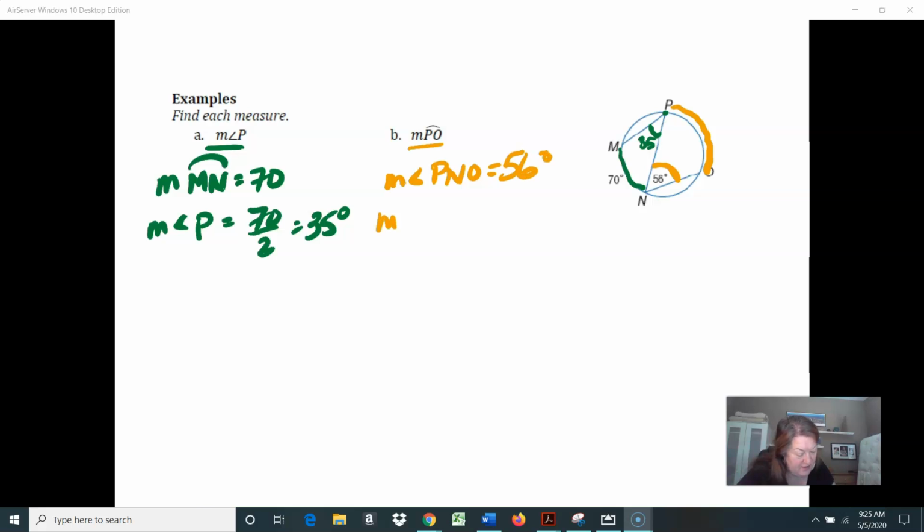So then the measure of the arc P to O is going to be how much? Is it going to be 56, more than 56, or less than 56? Angles are half as much as their arcs when they're on the circle and not at the center. So this would be 56 times 2, which is 112 degrees. Cool. All right, so we get the main idea for these.